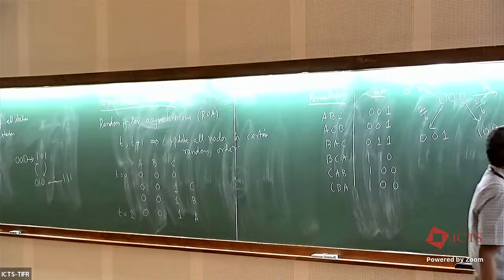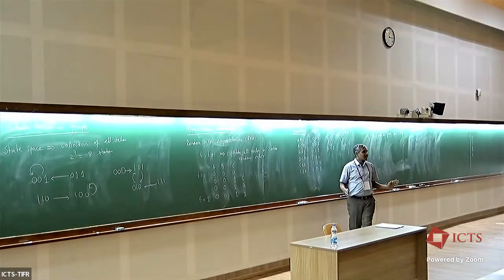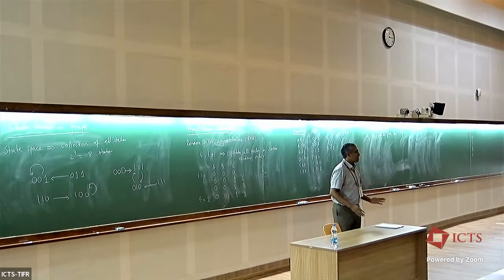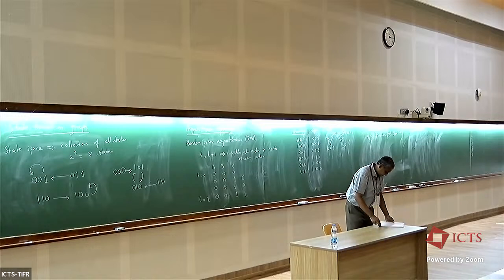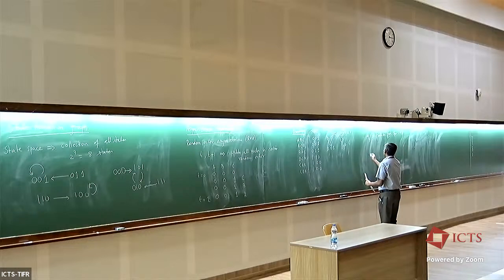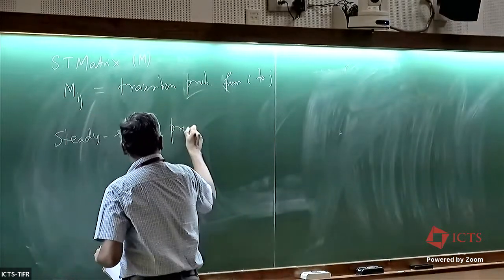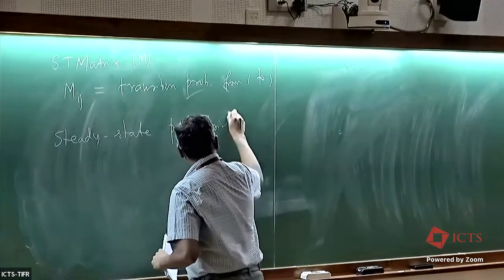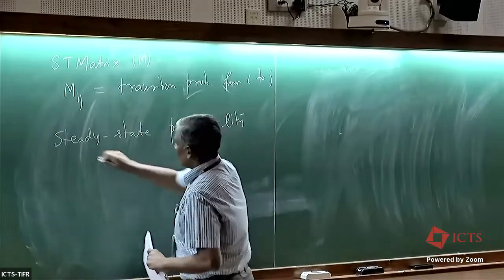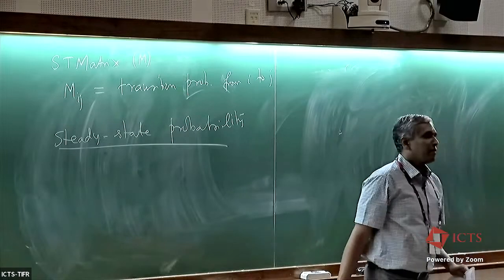Okay, so once I have the state transition probability, then all the stochastic frameworks are directly applicable to the state transition graph. So what we're going to do next is look at how to estimate the steady state probability of the network to reach different fixed points.